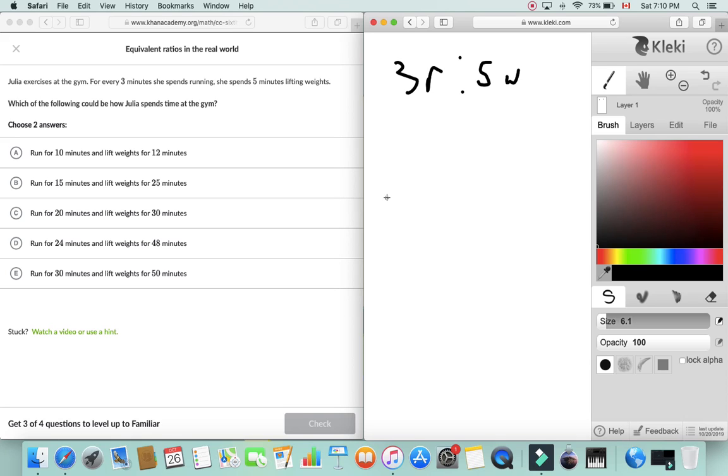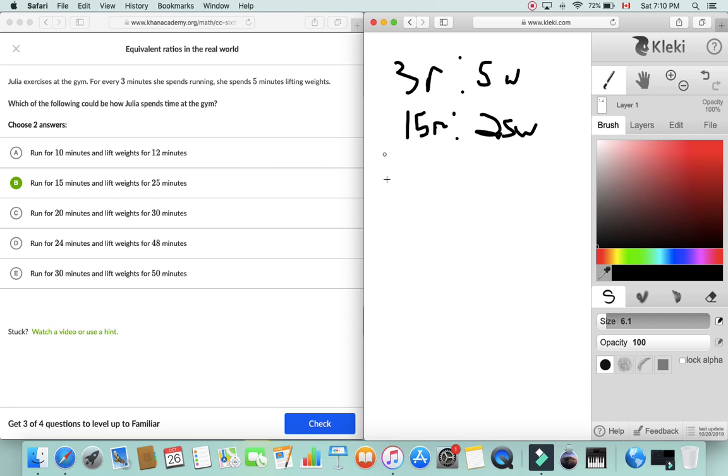So run for 15 minutes. Well, we can do that. Let's do that. So we multiplied it by 5. So let's multiply it by 5 on this side. 25. Okay, that works. Let's check that off. Run for 20 minutes. You can't do that. It's a 3. No, it's not even the wrong way around.